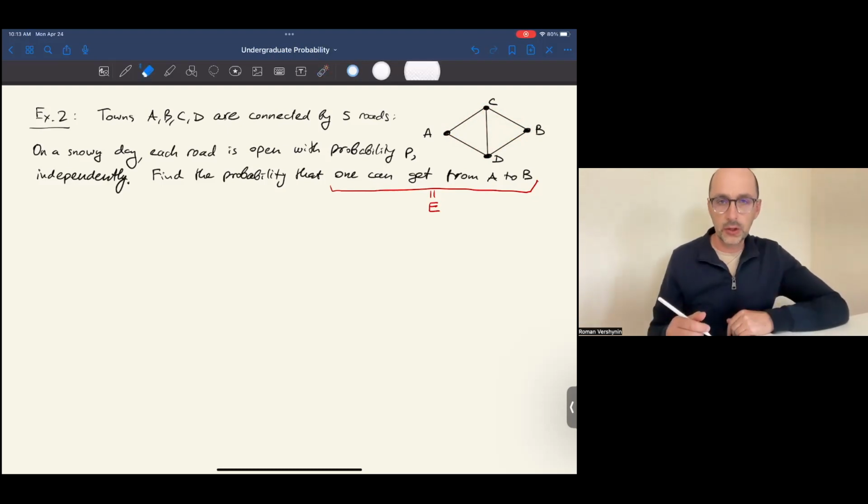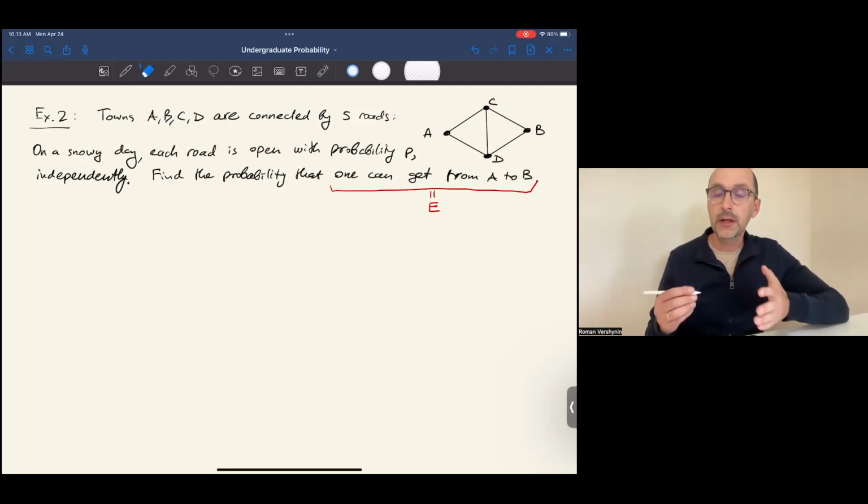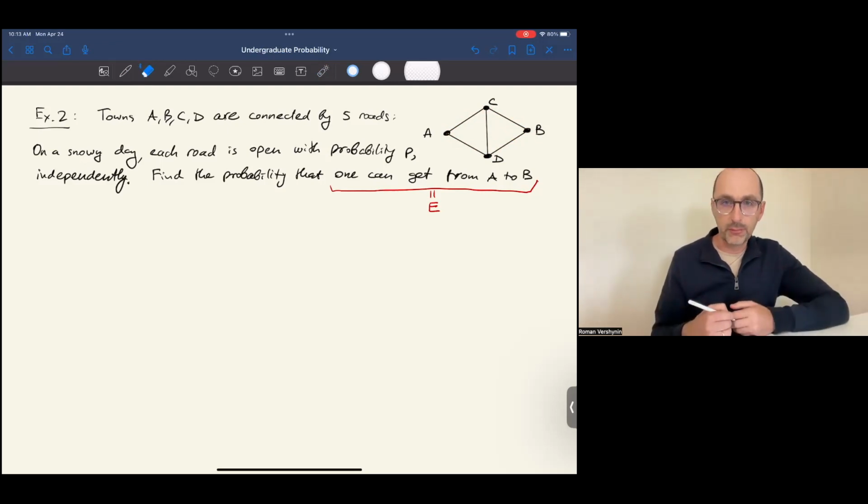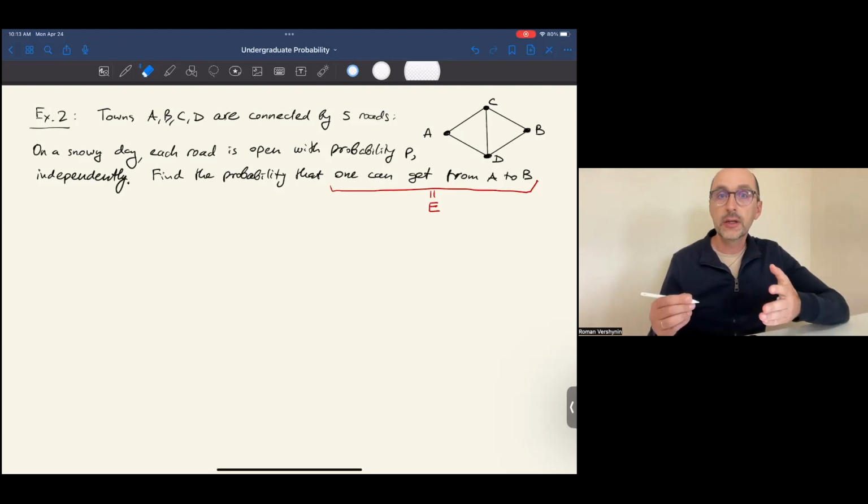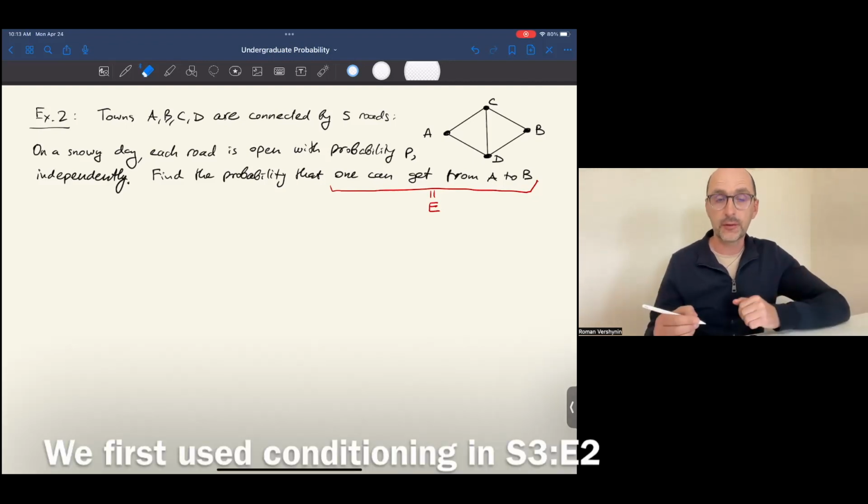The probability of the union, in principle, can be computed using the inclusion-exclusion principle, but it will have a lot of terms because there are so many routes. There is a simpler way to solve this problem using a trick of conditioning that we've seen once.